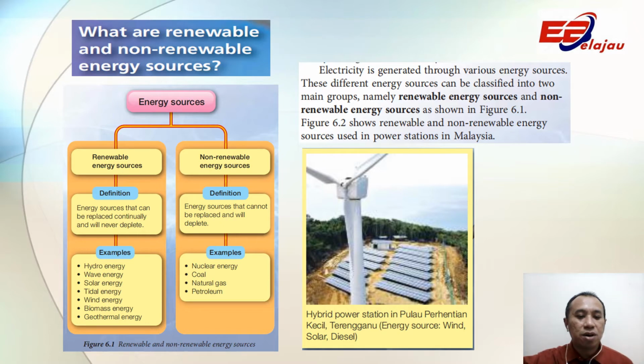So the definition of renewable energy sources is energy sources that can be replaced continually and will never deplete. Examples of renewable energy sources are hydro energy, wave energy, solar energy, tidal energy, wind energy, biomass energy, and geothermal energy.